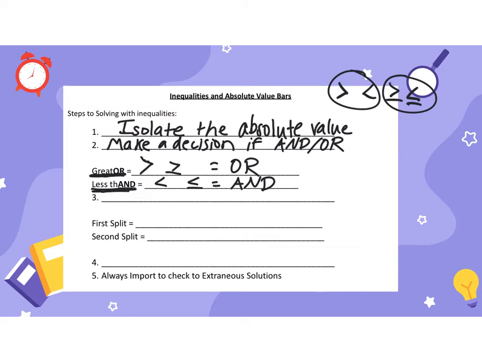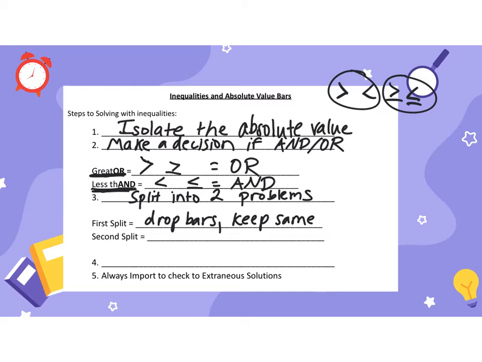The third step then, just like the equations, now we're ready to split it into two problems. Okay, the first split, just keep it all the same. So drop the bars, keep it the same. Don't change anything.